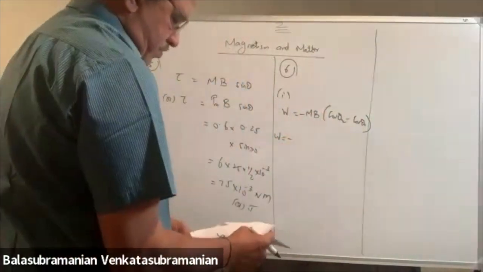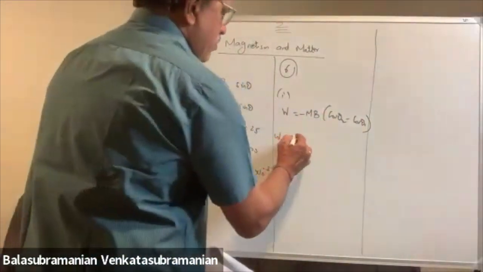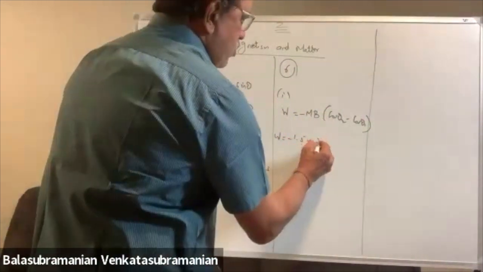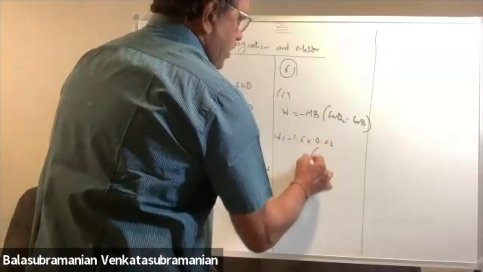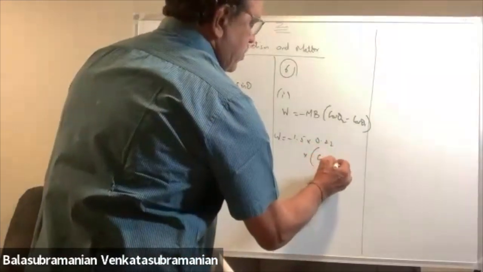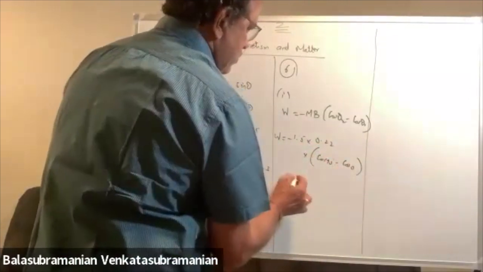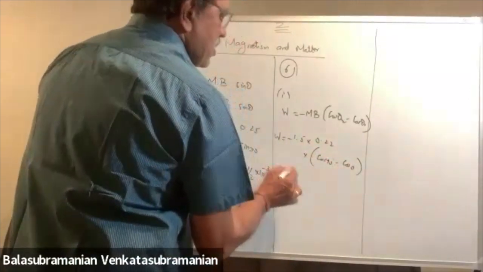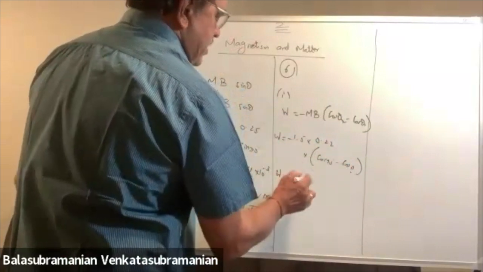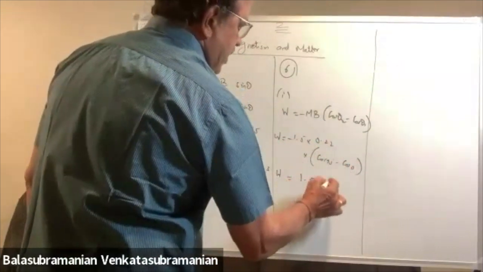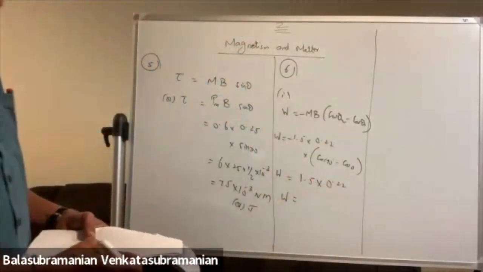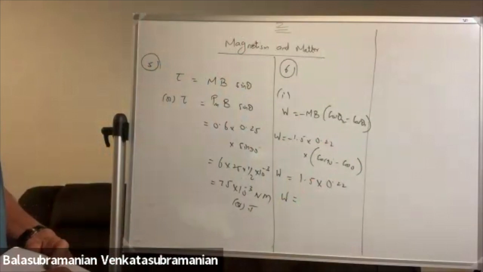Magnetic moment 1.5 into 0.22 into (cos 90 minus cos 0). Cos 90 is 0, cos 0 is 1, so minus minus, plus 1.5 into 0.22. So that should be 0.33 joules.